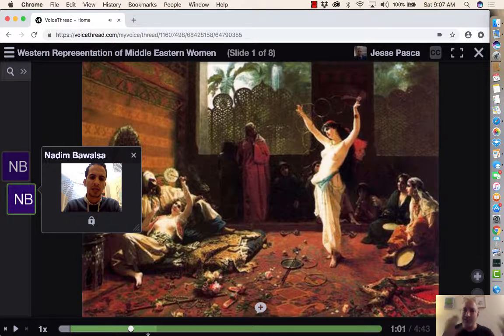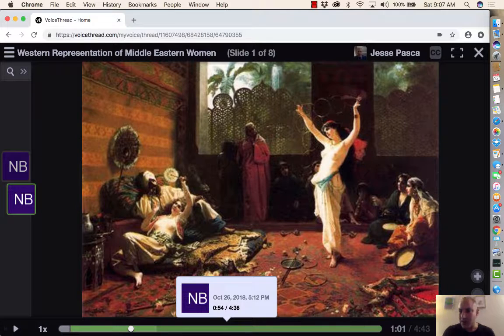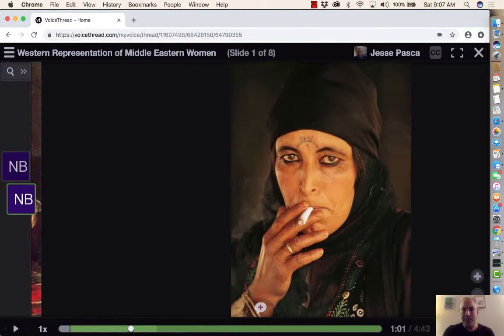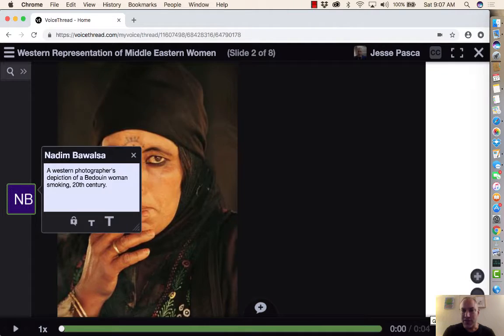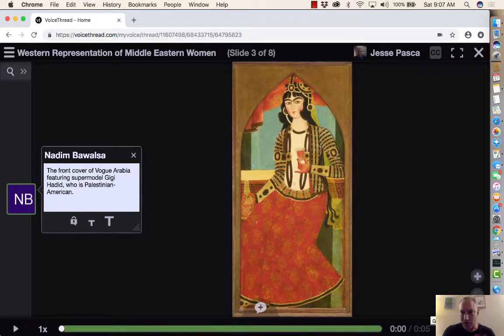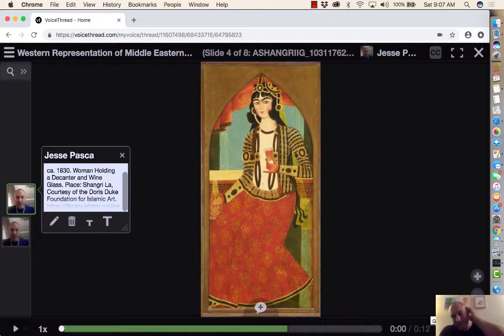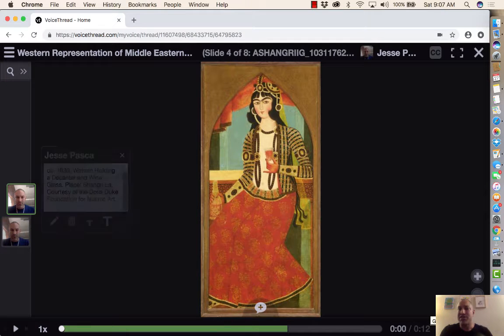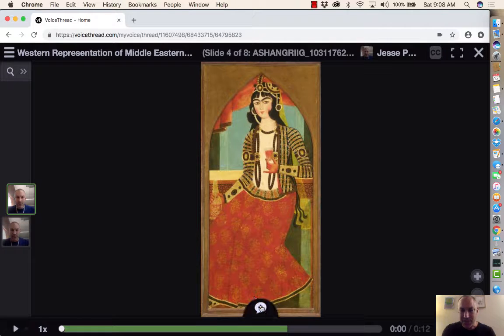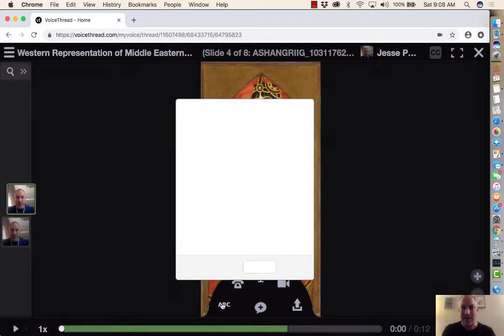A couple of things in relation to what Nadim put in. He had some other slides, and he talks about them. I found a few images, and I'll talk about them just super briefly. From a collaborative standpoint, I might click Add a Text Comment.